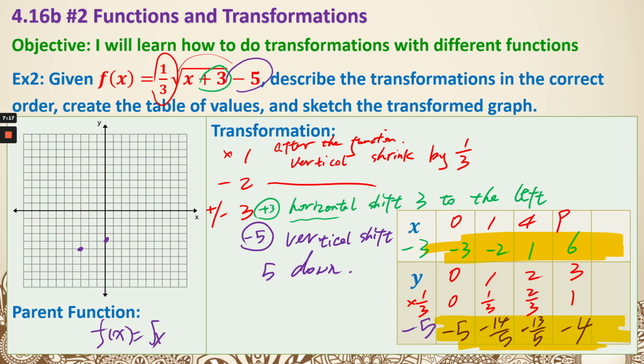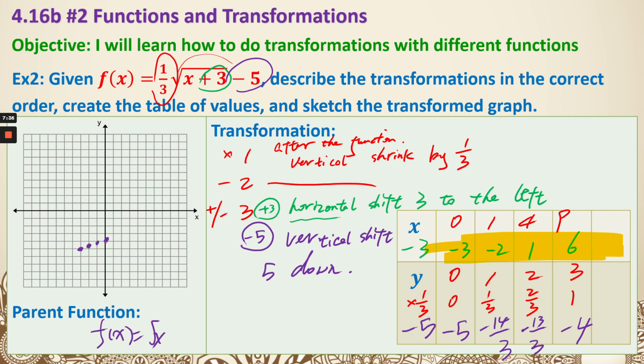Oh, it's over 3. I just realized I calculated them wrong. It's not over 5. It's actually over 3. So that makes sense. This would be here and here.